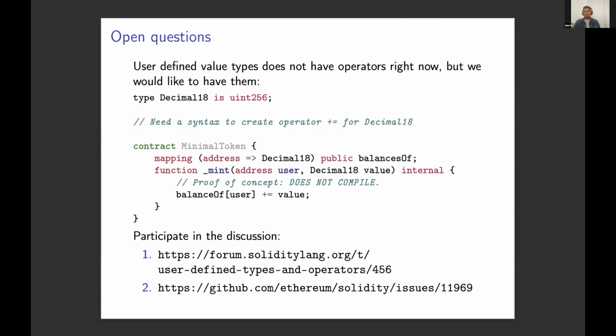As you can see in this example, which is again about a token, we have a type that represents a value in 18 decimals, the type decimal18. We need a syntax to create the operator plus equal, because if you look at the function mint, you have the line balance of user plus equal to value, but we don't have a plus equal right now, but we would like to have it.